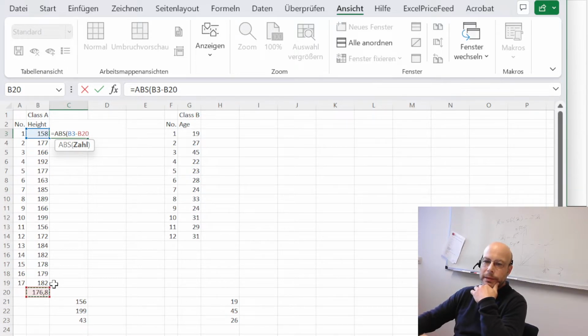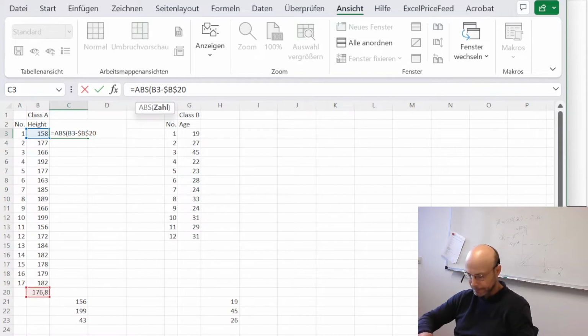And since we do not want to always type this formula in every cell, we have to fix the arithmetic mean down here, the cell B20. The cell B20 is fixed if we put the dollar before the B and the 20, because then we can move down our formula.